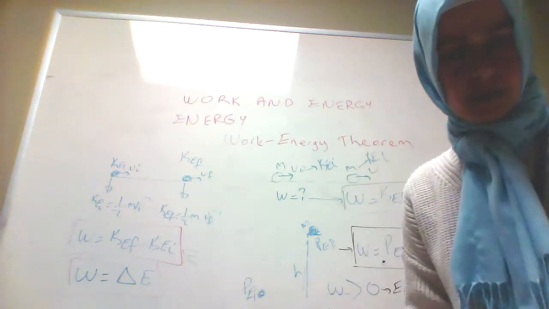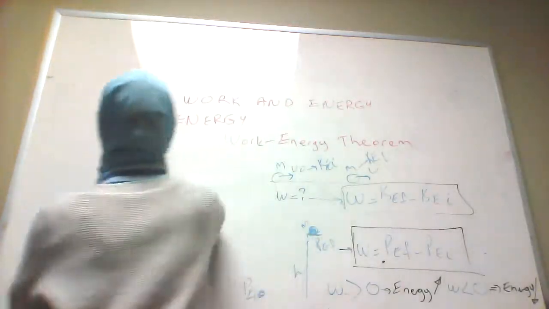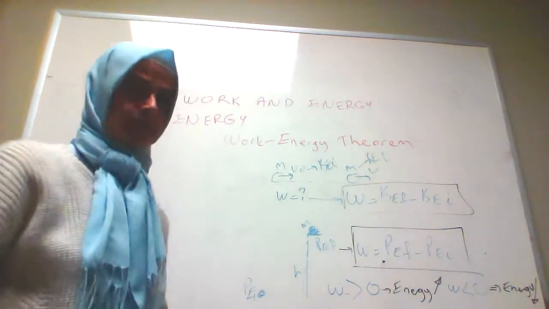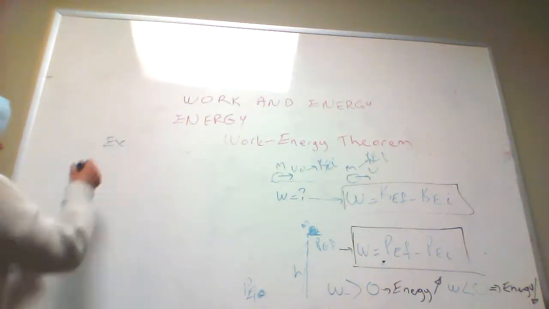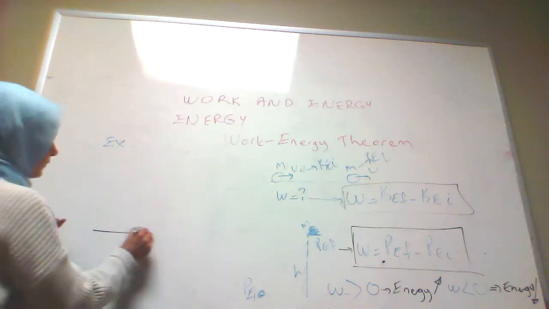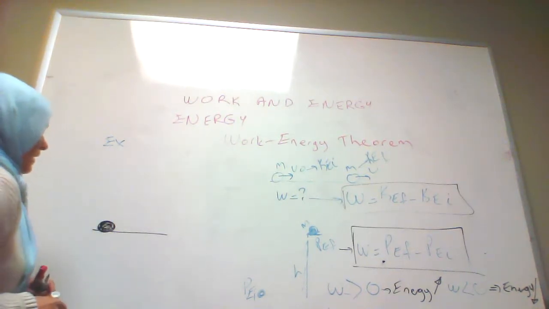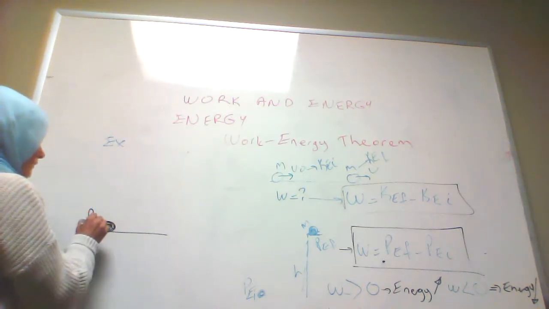Okay, there is a nice question here. Let me show it here. The question is saying there is a ball standing on the ground first, and this will have a potential energy initial.